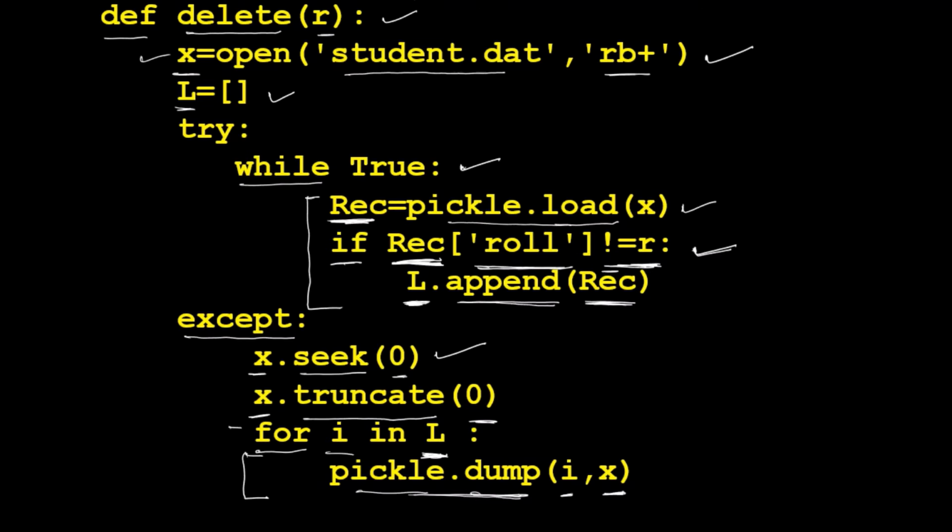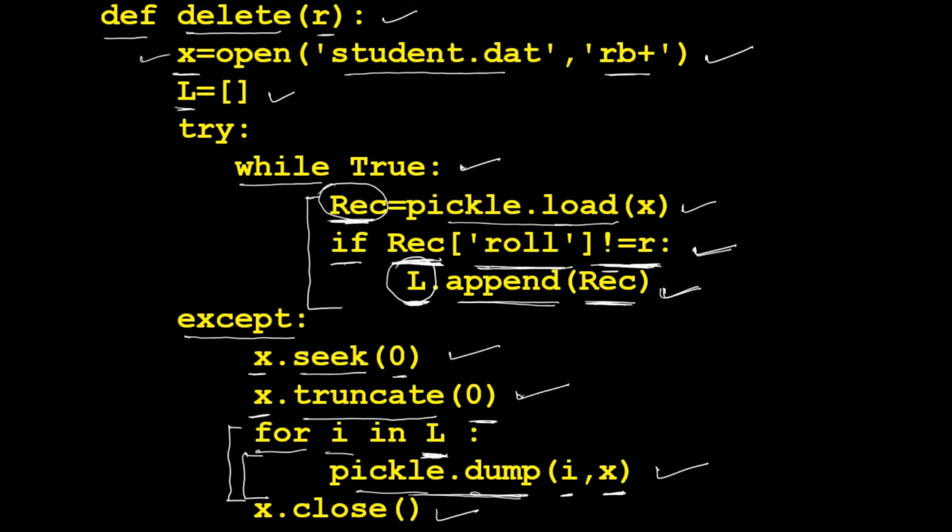Thus, after execution of this loop, all dictionary objects or records read from the file student.dat and stored or appended into this list L, that is the ones which are not to be deleted, or all records except the one to be deleted, will be written back onto the file student.dat from the beginning of the file after truncating or destroying its pre-existing contents. The last step would be to close the file.